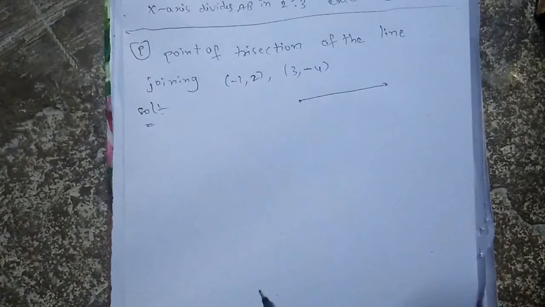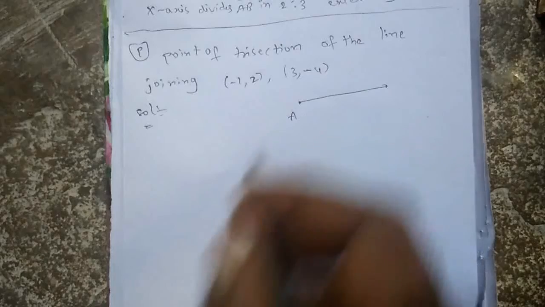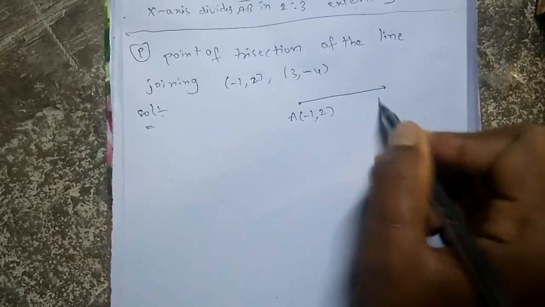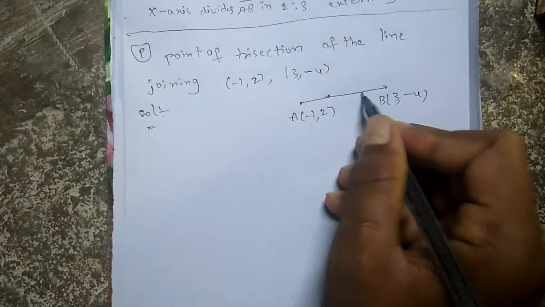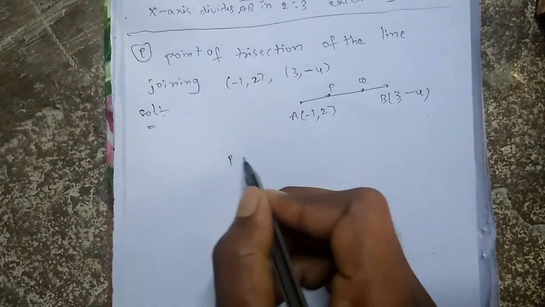Here A is (minus 1, 2), B is (3, minus 4). Points of trisection divide in the ratio 1 is to 2 or 2 is to 1.